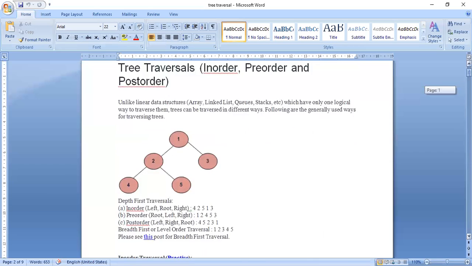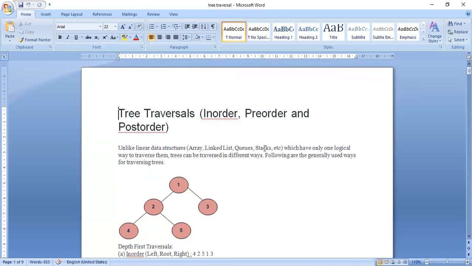So the tree traversal you can see here again. I will share here: tree in-order, pre-order, post-order. In-order means between the left and right, the root node or parent node will be visited. So first the left node, in between, next is the root or parent node, next one is the right node.